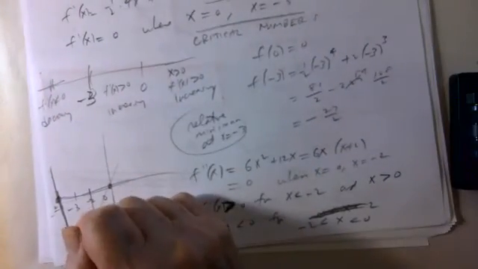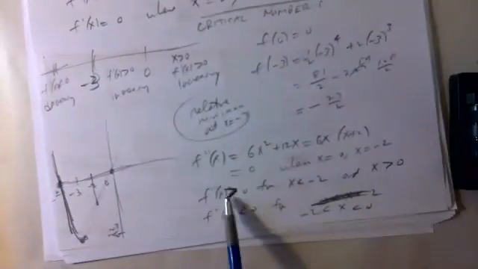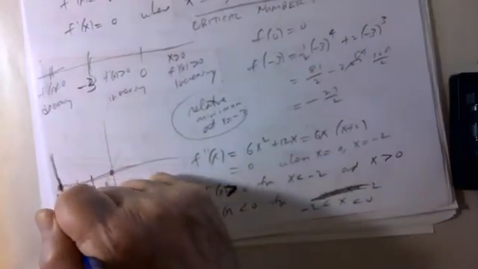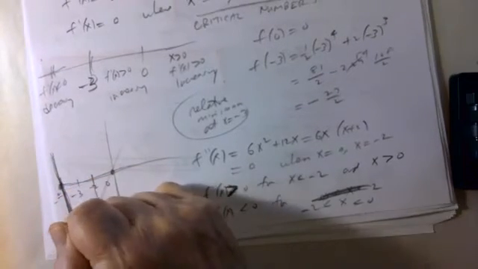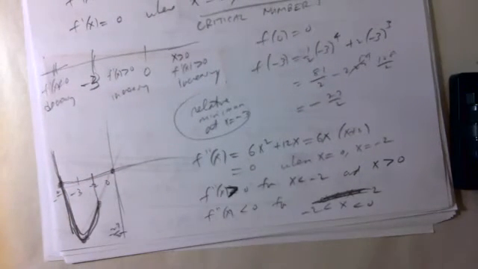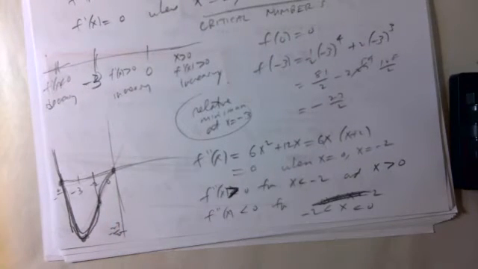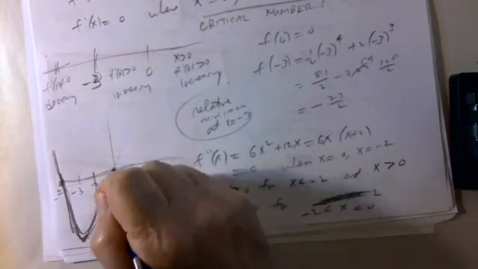So this function is concave down. Sorry, I keep saying the wrong thing. The second derivative is positive for x less than -2, so for x less than -2, this function is concave up. It's concave down from -2 to 0. And then it's concave up again.